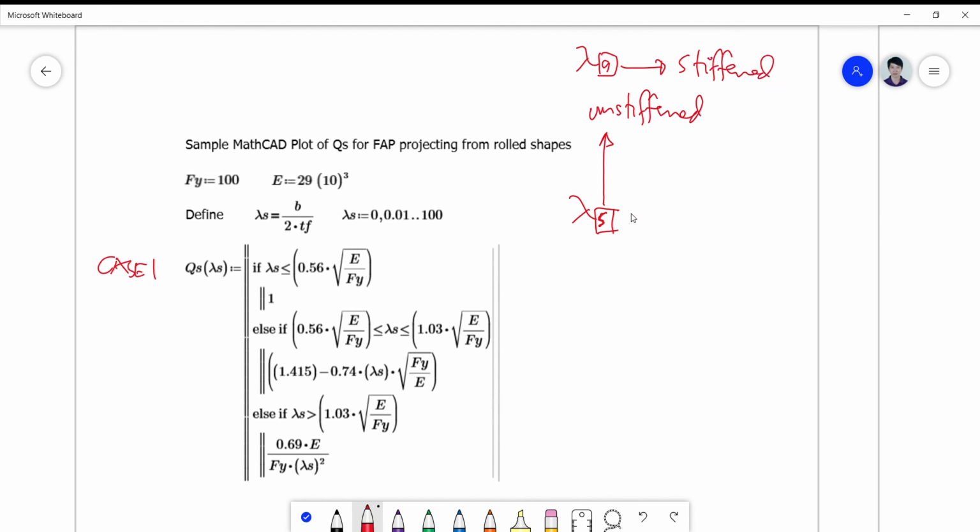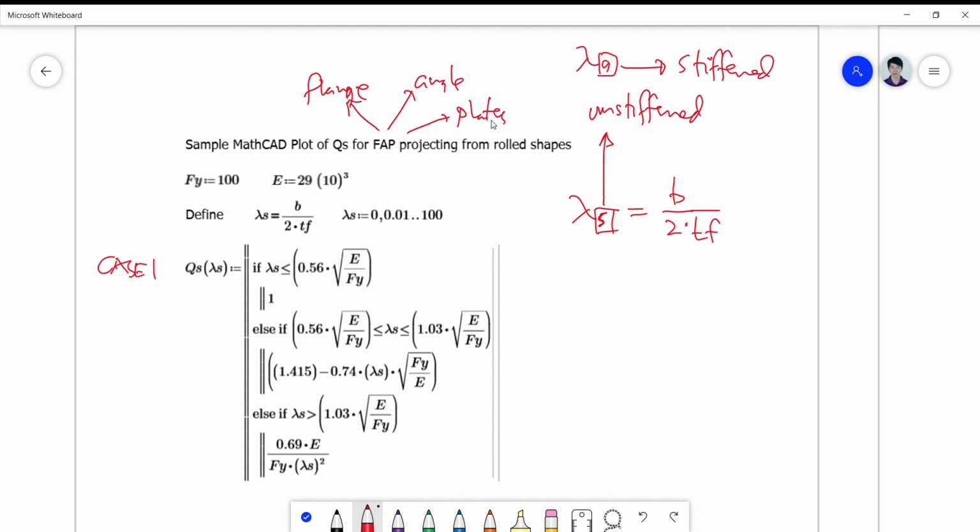Your lambda s is simply the width b over 2, divided by the thickness of the flange. We are referring here to F means flange, A means angle, P means plates.